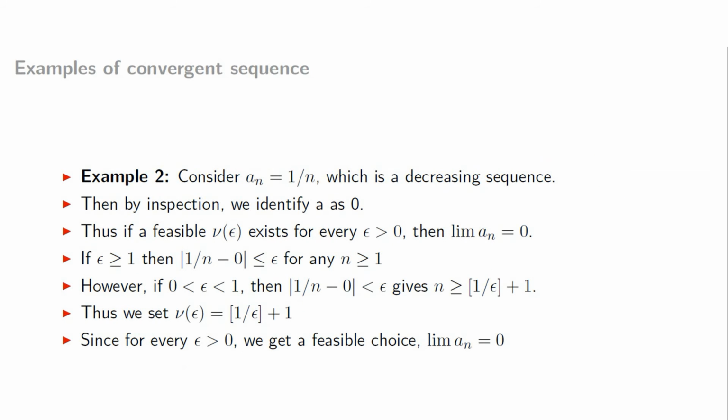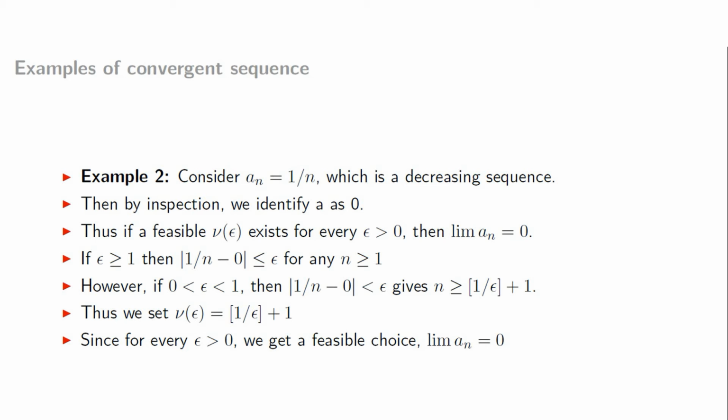Consider the second example, where the sequence is 1 by n, which is again a decreasing sequence, and by inspection we identify a as 0. Thus, if a feasible nu epsilon exists for every epsilon greater than 0, then limit of a n equals 0. If epsilon is greater than or equal to 1, we find that the absolute value of 1 by n minus 0 less than or equal to epsilon is satisfied for every n greater than or equal to 1 as earlier, because 1 by n is always less than or equal to 1.